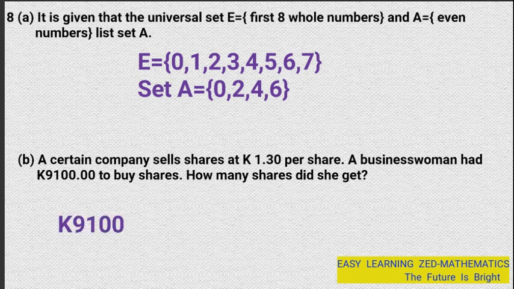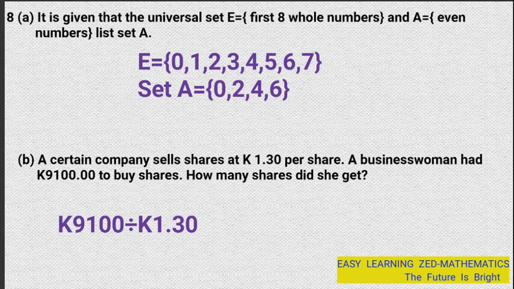So we can say 9,100 divided by 1.3 kwacha. When you divide that, if you're allowed to use a calculator in the exam, you can just punch in these numbers and it will give you the answer.